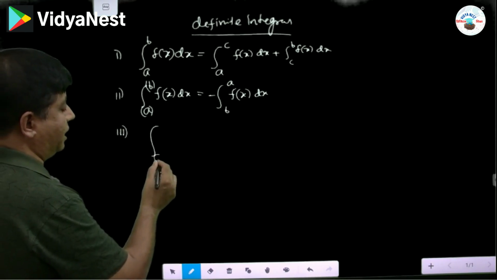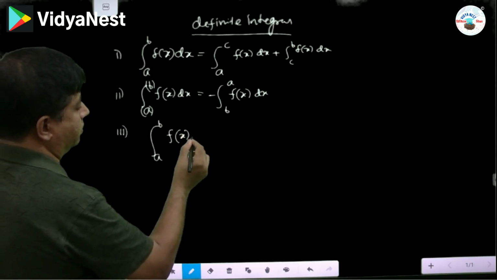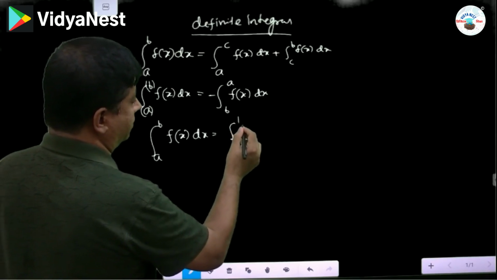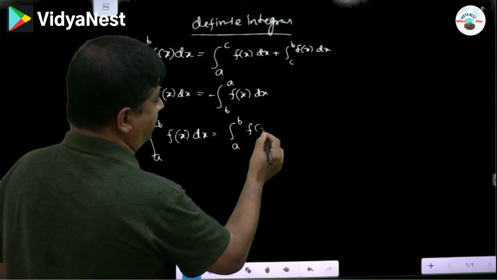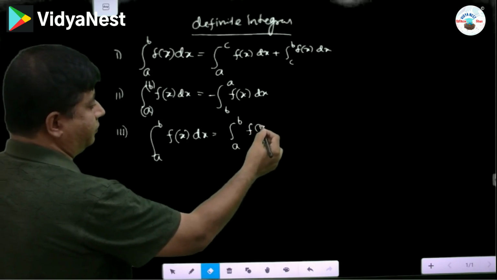And within the same limit, I can write the same integrand changing the variable.